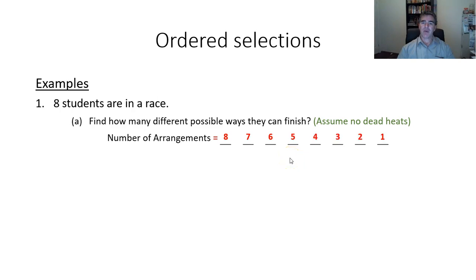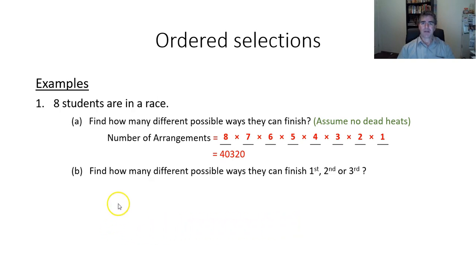Then 5 more runners can fill fourth, 4 can finish fifth, 3 can fill the 6th position, 2 for the 7th position, and then 1 for the final position. What do we do with all of those? We multiply those together, and that will tell us the number of different possibilities that those 8 runners can come in. So we end up with 40,320 different ways that those students can finish for those 8 full positions.